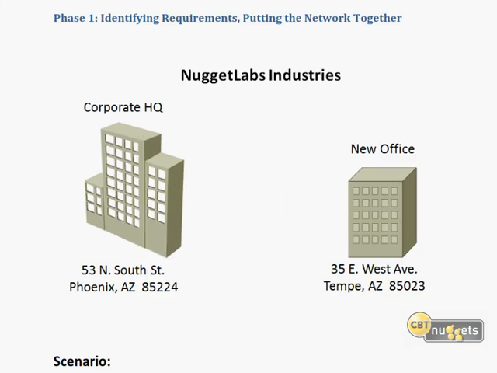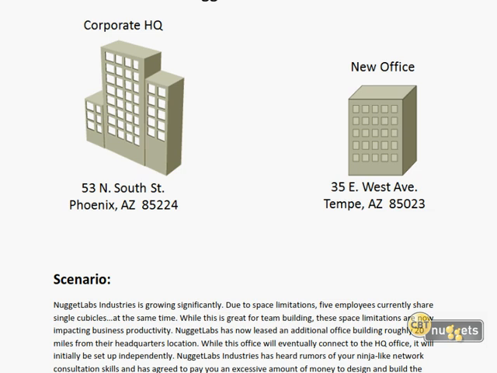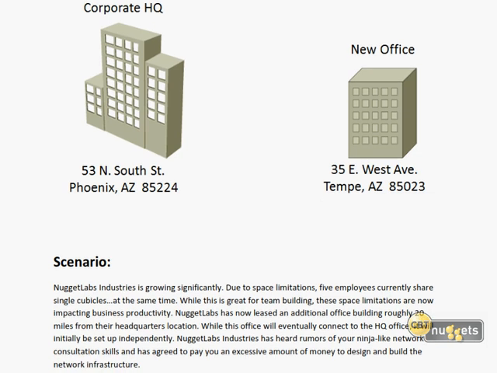So here's the PDF for Nugget Labs Industries, which is part of the file pack that you should be able to download from the CBT Nuggets website. This is just an overview of Phase 1, identifying requirements, and so on. It starts off with this scenario, just kind of saying what I was mentioning. Nugget Labs Industries, our little playground test company, has grown.